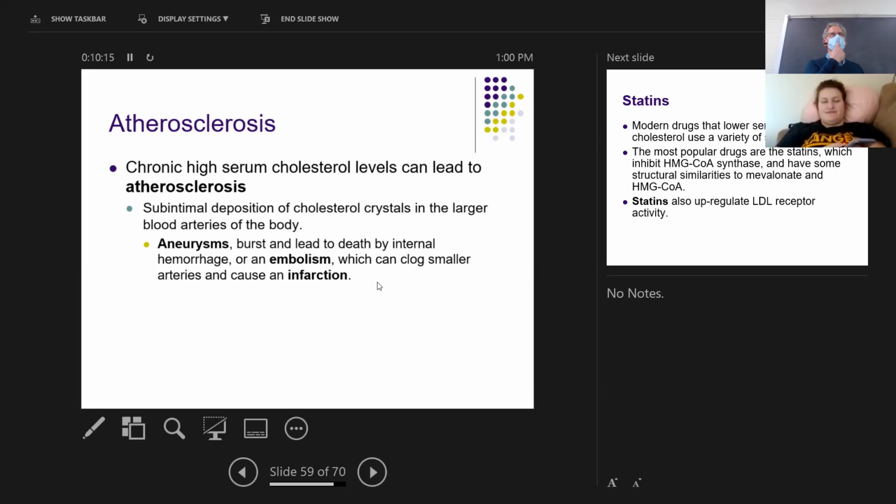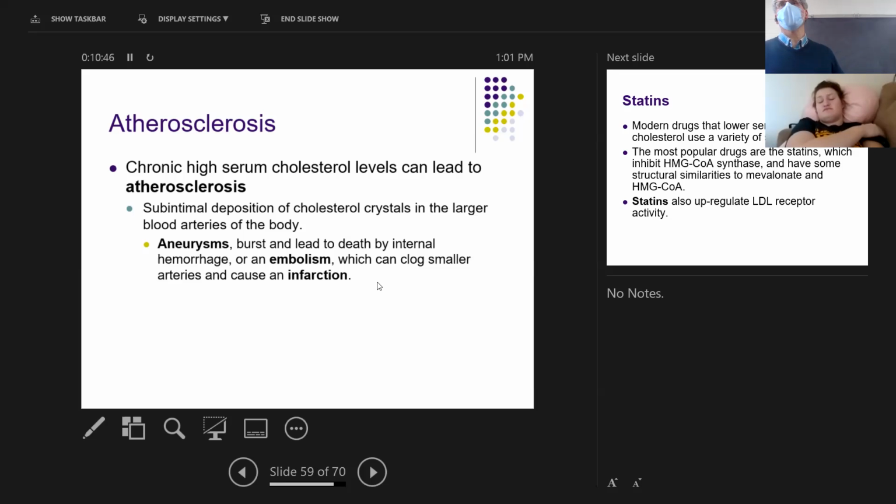Damage to the plaque can cause formation of a clot. That's a thromboembolism. If the clot breaks off, it's an embolus. If the embolus clogs an artery, that's called an embolism. For example, a pulmonary embolism: if the embolus forms someplace and then gets stuck in the lungs, that's life-threatening.